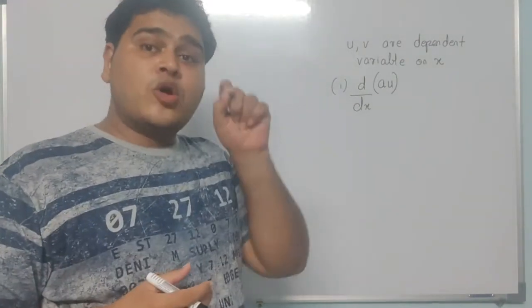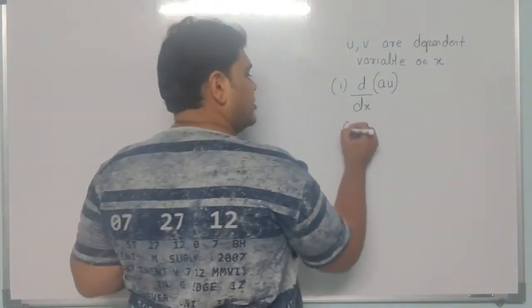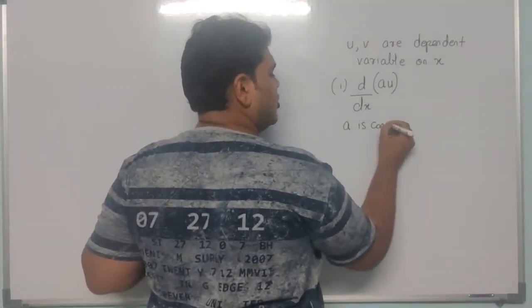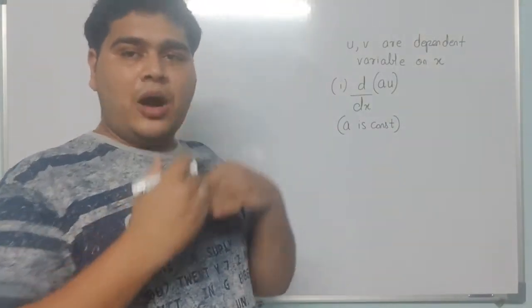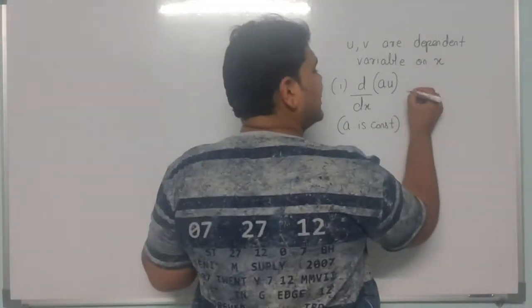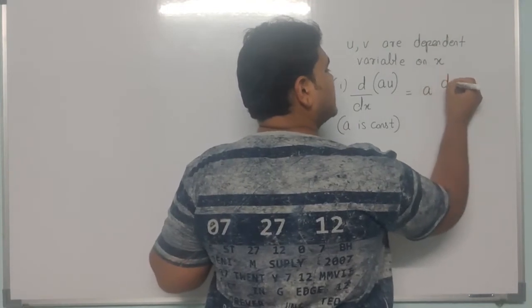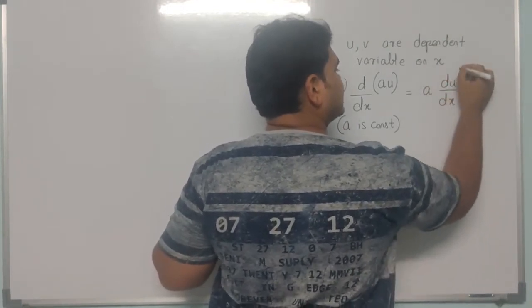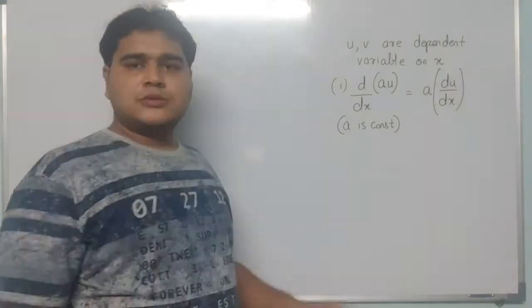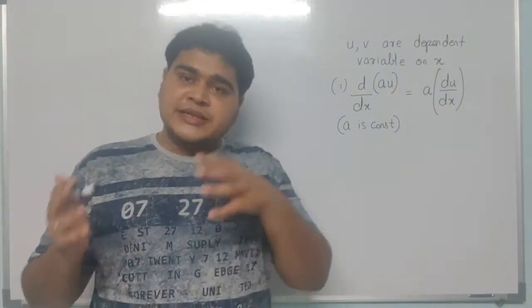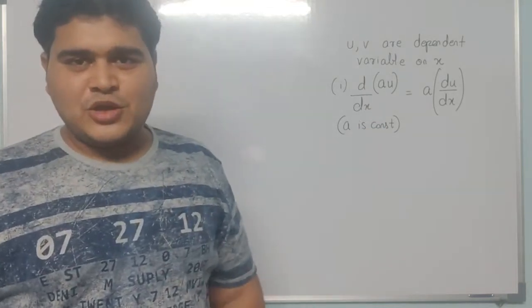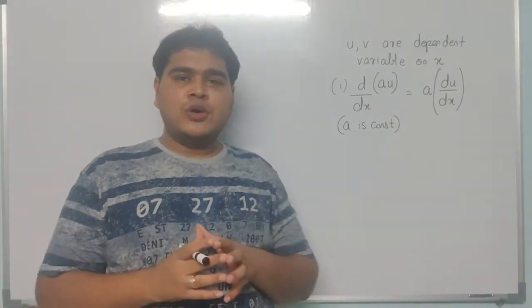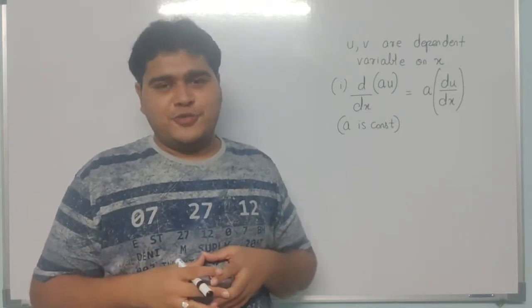Yes, where a is a constant. So here a is a constant. In that scenario, the constant just comes out, and then we can write the formula as a times du by dx. That's it. Which means the constant into derivative of u with respect to x. So that constant is not going to harm our formula.